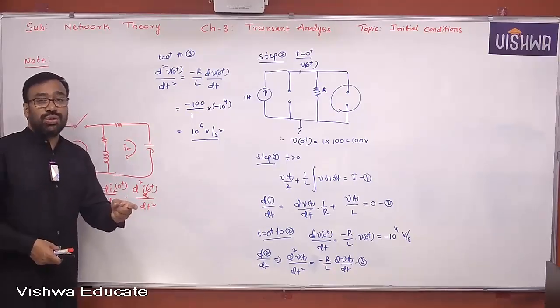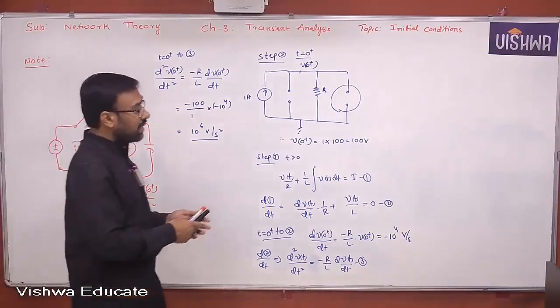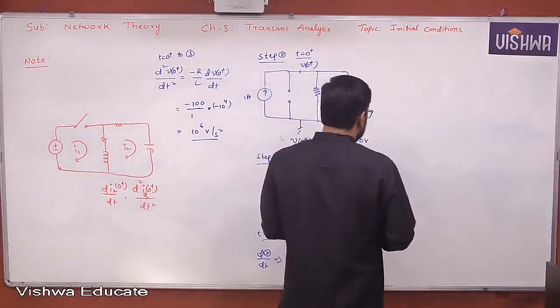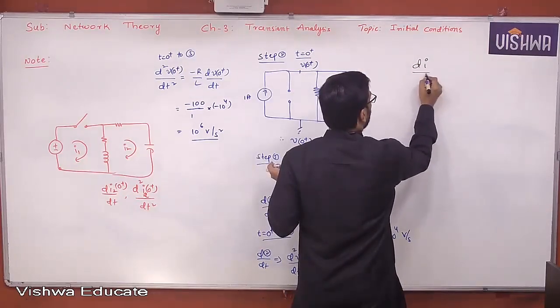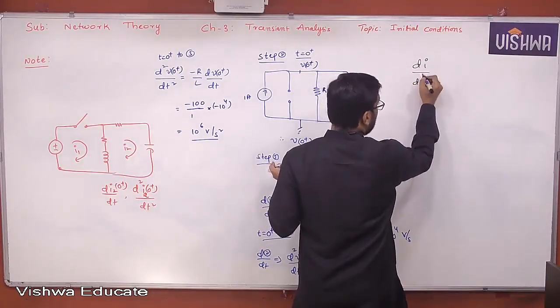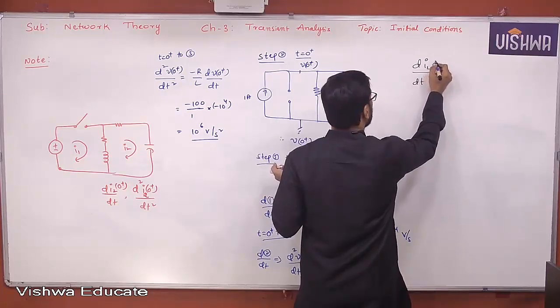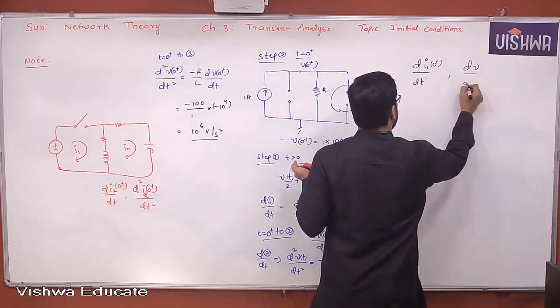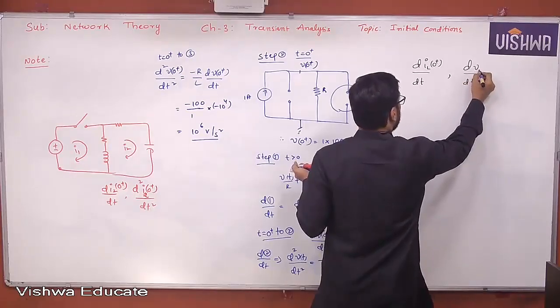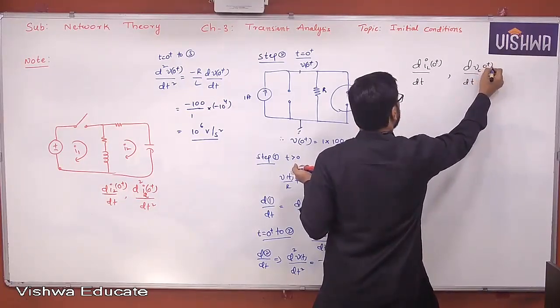In that also, you will be asked the first order derivative terms: di of 0 plus by dt, where I is the current through the inductor, that means dIL of 0 plus by dt, and dV of 0 plus by dt, where V is the voltage across the capacitor, dVc of 0 plus by dt.